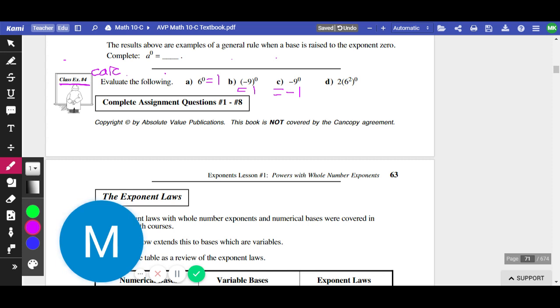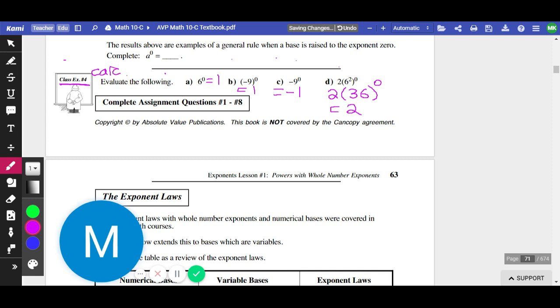The last one, we have 2 times 6 squared to the power of 0. If I was to do that in my calculator, I would calculate what 6 squared equals. It equals 36. And then I would do 36 to the power of 0 times 2. If I do that, I get 2.